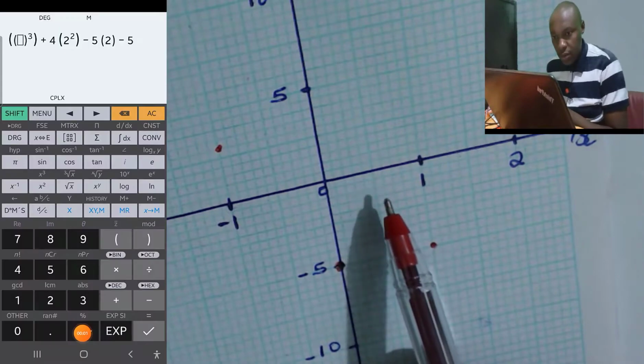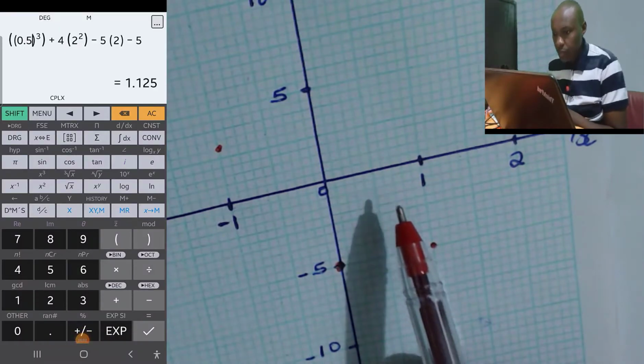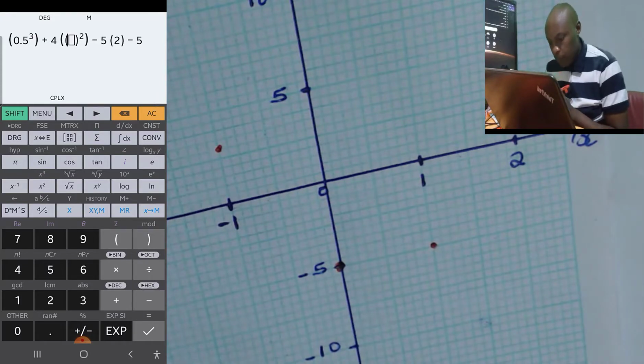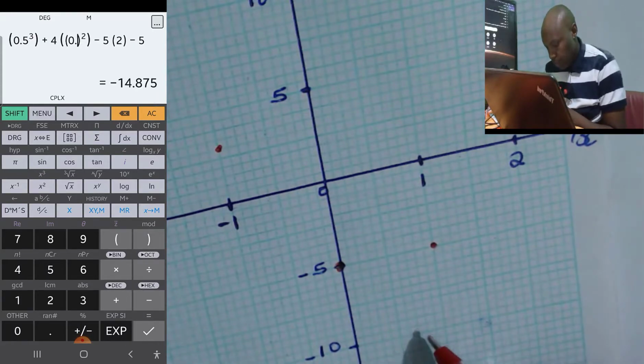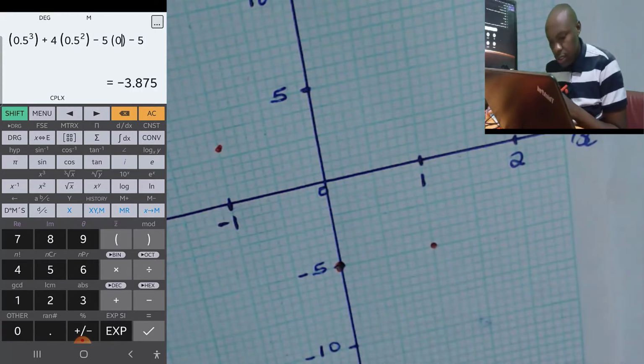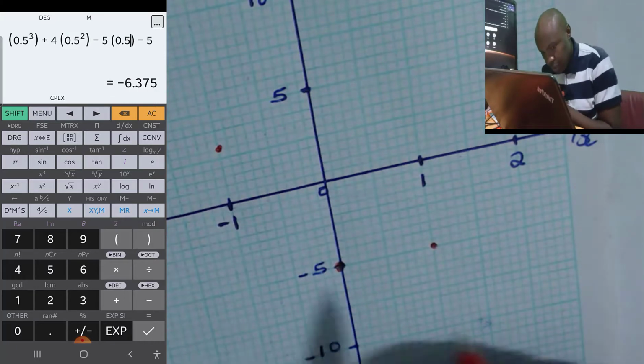So when x is equals to 0.5, what is the value of y? You notice that when you feed that, it will give negative 6.375, which when you round off will be negative 6.4.